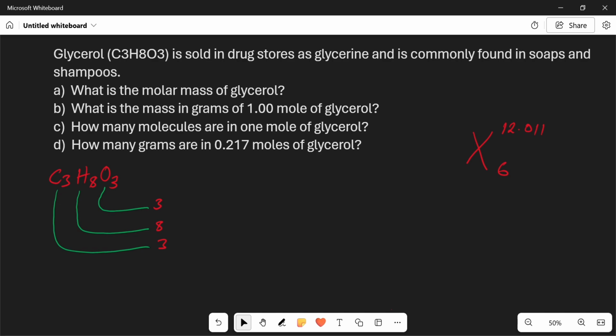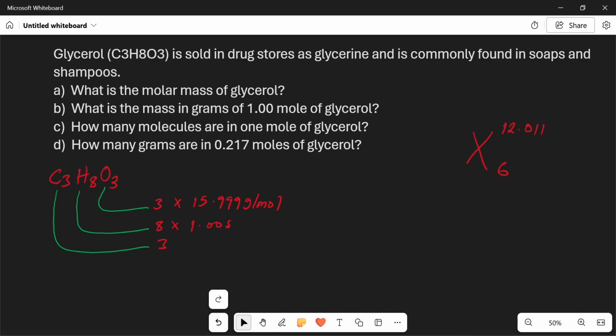So what we have here is 3 multiplied by the molar mass for oxygen on the periodic table, which is 15.999, with units of grams per mole. And then for hydrogen it is 1.008.